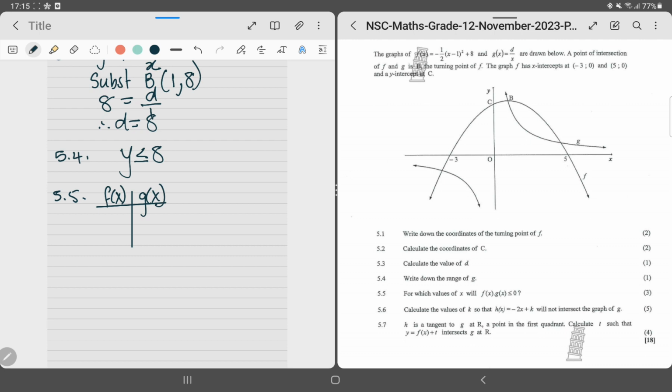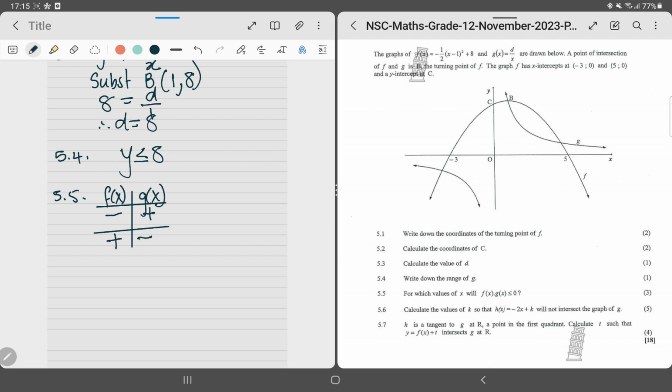In order for something to be less than or equal to 0, you must have a negative value or something that is equal to 0. So we need to look at where f of x is negative and g of x is positive. That's the first scenario. The second scenario, we need to look at where f of x is positive and g of x is negative.